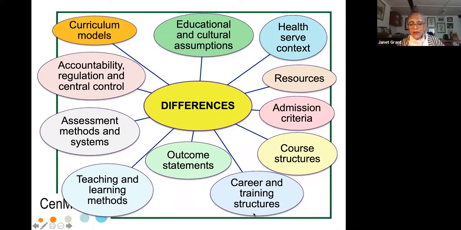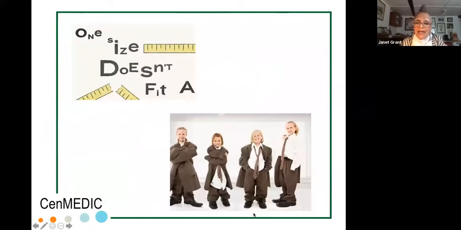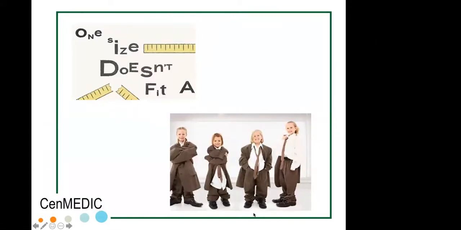They are different in different places. And that means that one size does not fit all, whether it is between countries or within countries. They are all different, and the richness of those differences is very important to preserve.